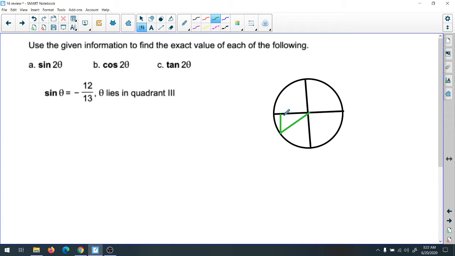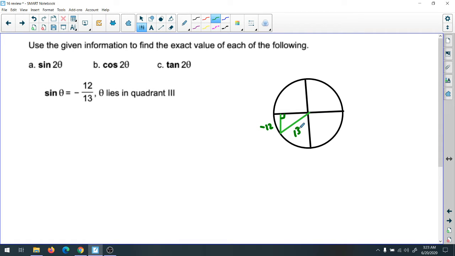And they tell us that sine of theta is negative 12 over 13, always opposite over hypotenuse. The hypotenuse is positive, and this is negative 12. So I need to find the third side.